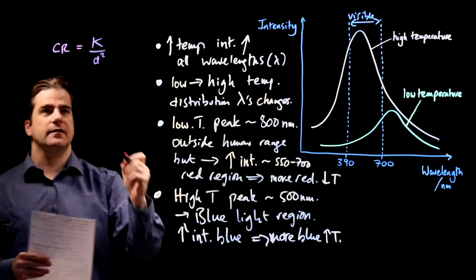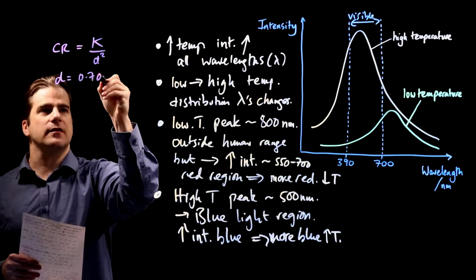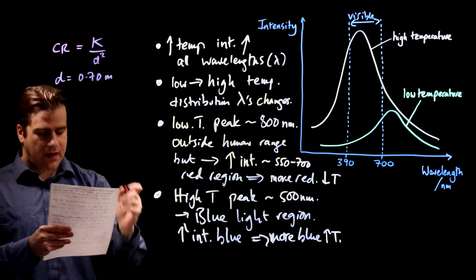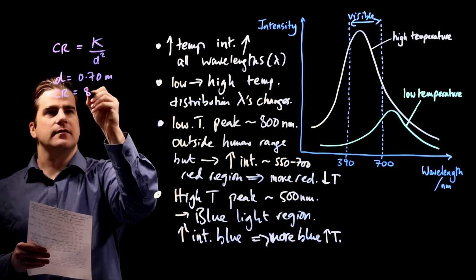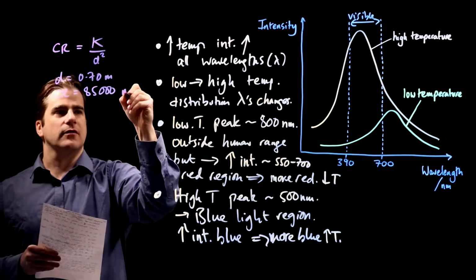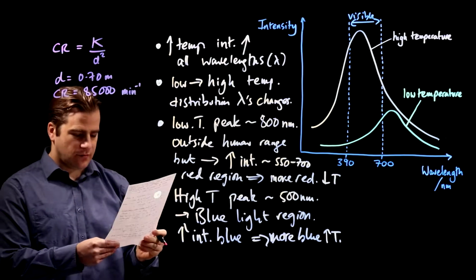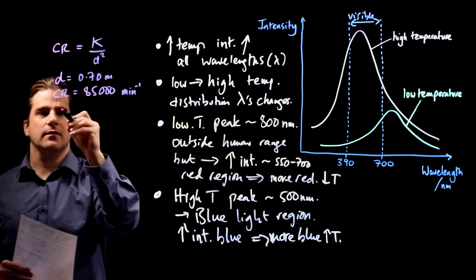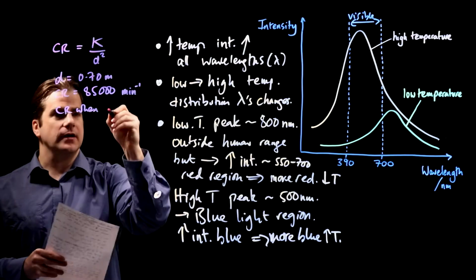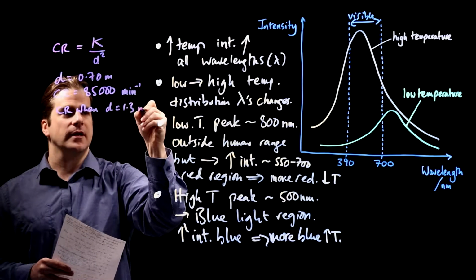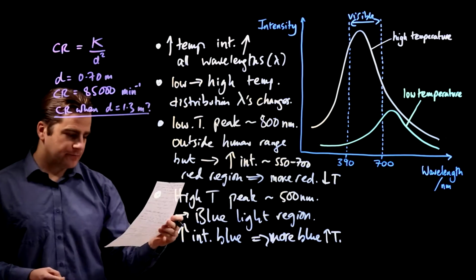They also tell us that when D is 0.70 meters, then the count rate, CR, is 8,500 per minute. And we have to find the count rate when D equals 1.3 meters.